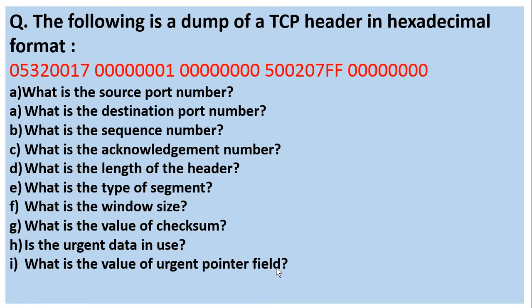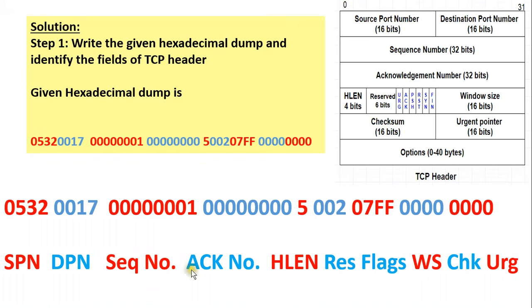So to solve such examples, you should have a clear understanding of the TCP header. The TCP header has a source port number and a destination port number. Each of these port numbers is 16 bits and these are decimal numbers. Sequence number is 32 bits. Sequence number always mentions the initial sequence number, that is the first byte number which is carried in the TCP segment.